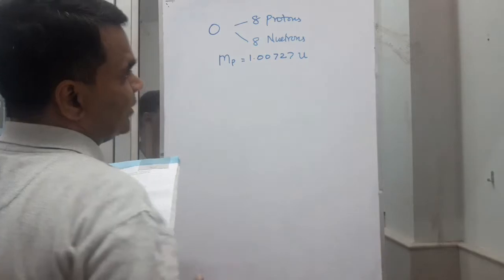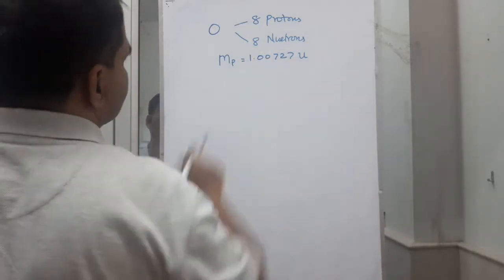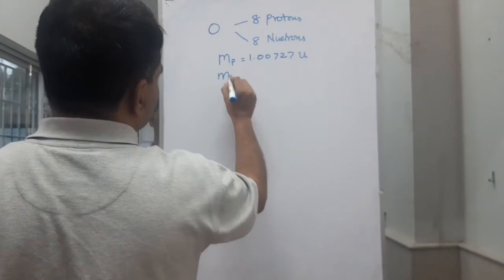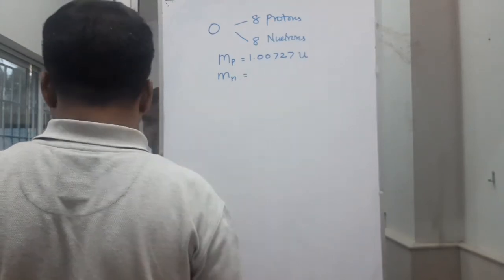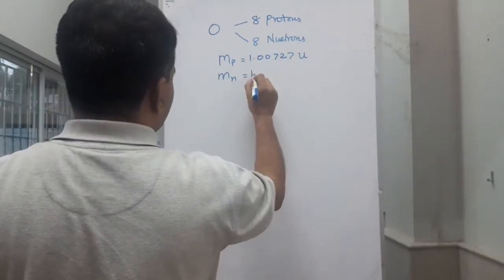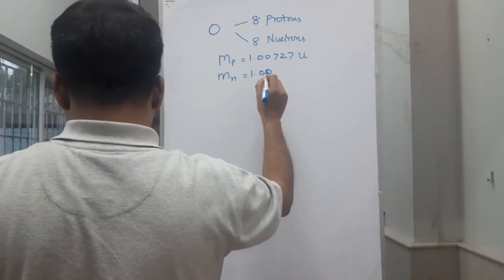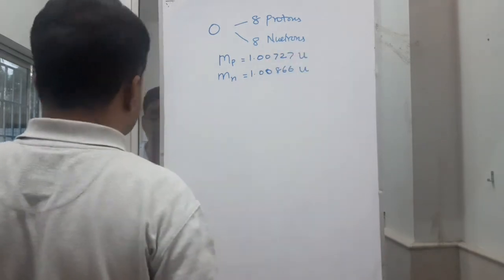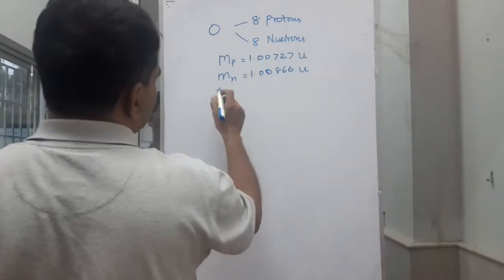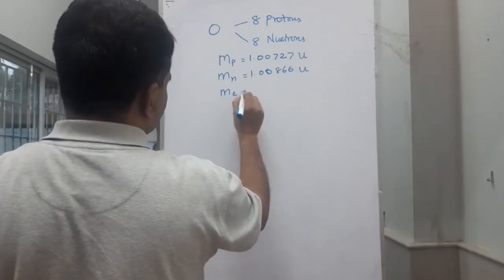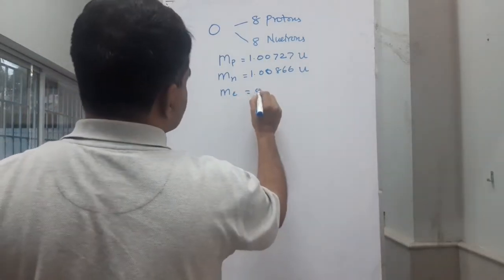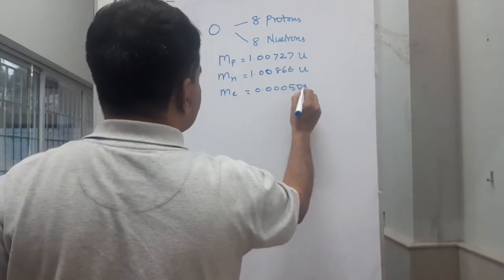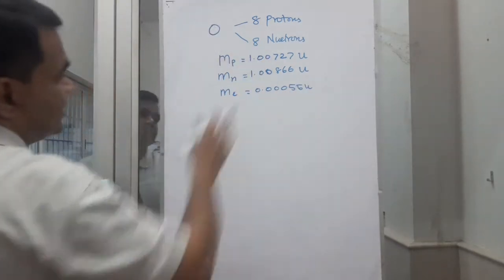If you convert that into kilograms, that's different. The mass of a neutron is equal to 1.00866. And the mass of an electron is 0.00055 atomic mass units.